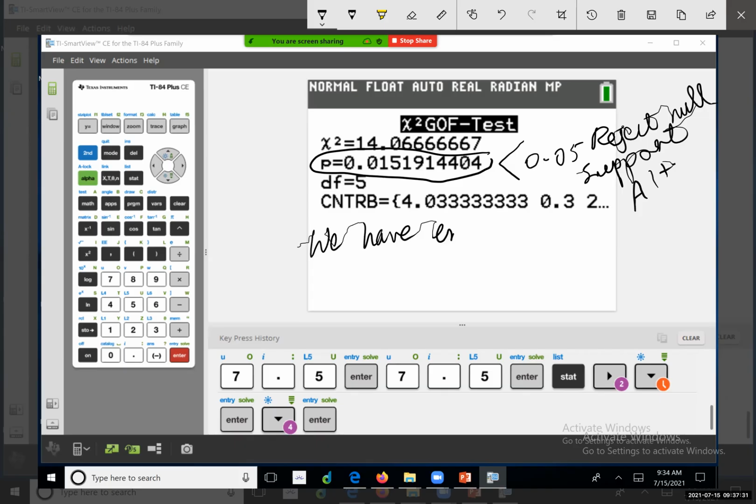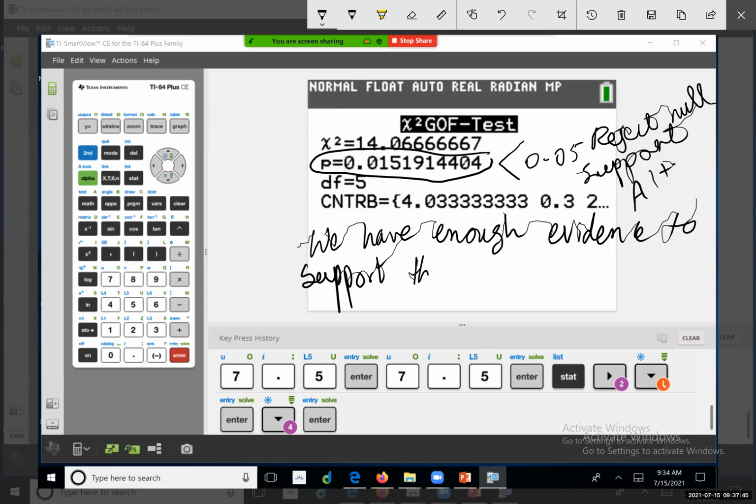So we would say we have enough evidence to support that the die is unfair, because our expectation was not matching.